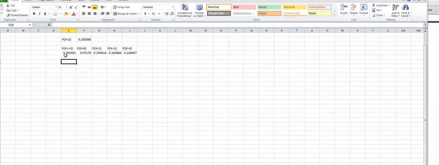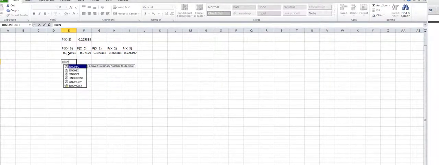We also can use another way to get the probability x smaller than or equal to 3. X smaller than or equal to 3 is like you accumulate from x equal to 0 to 3, so it's kind of like a cumulative distribution. Another option to get this probability is to type in equal binomial dist.